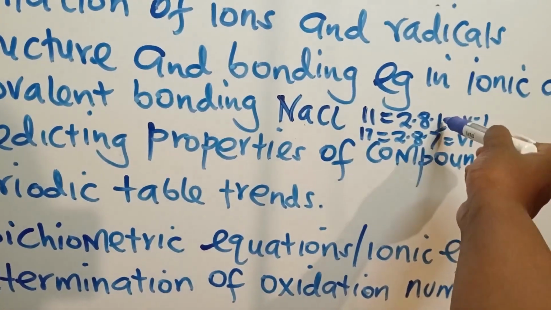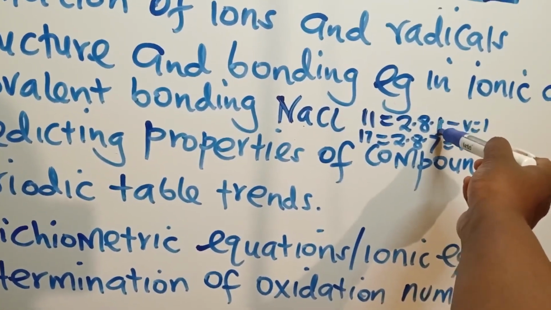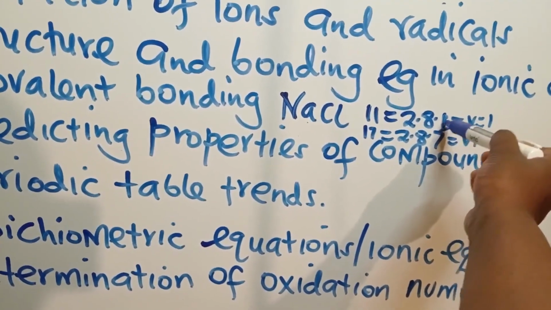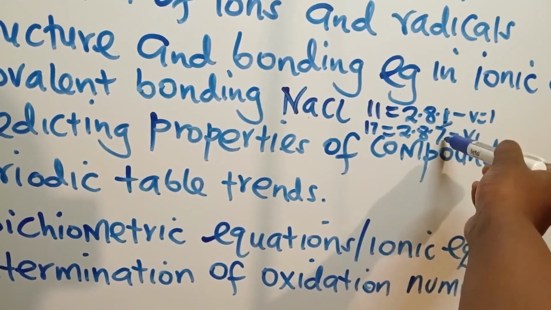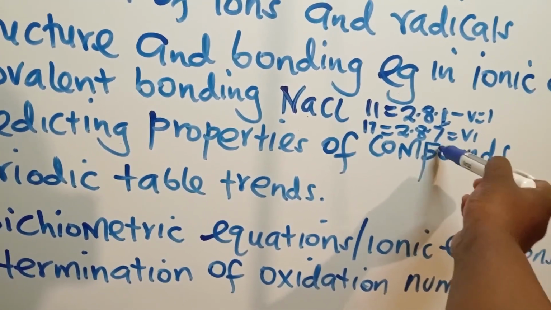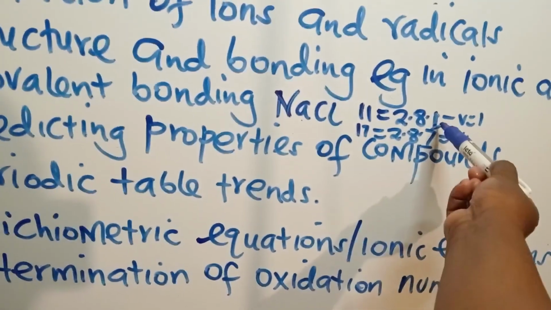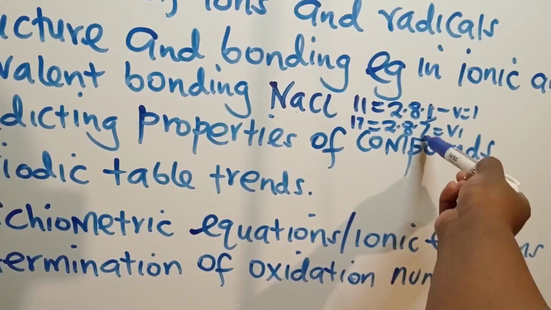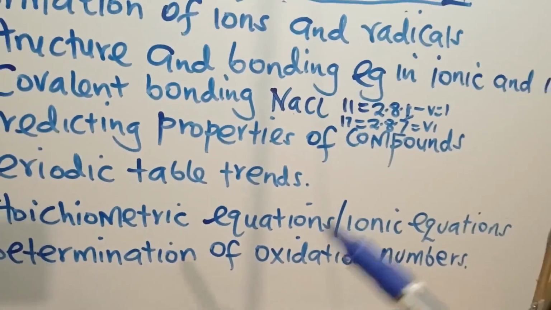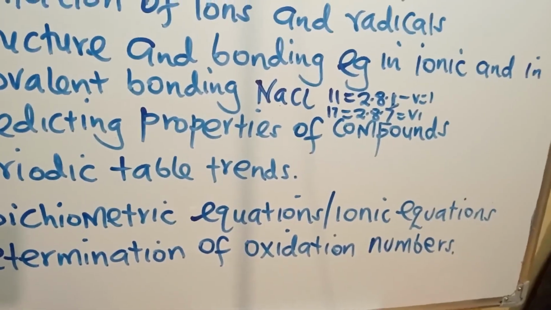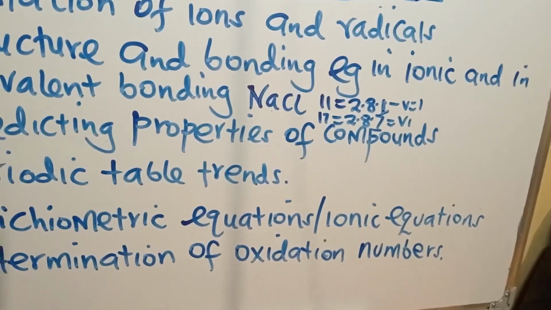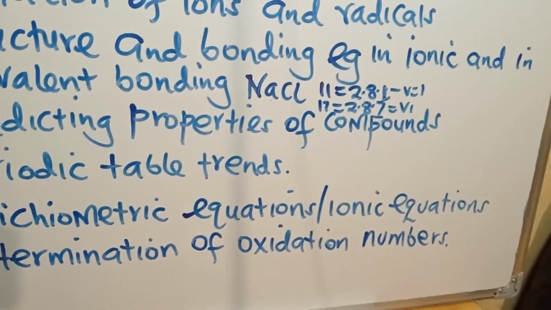So there will be transfer of electrons from the metal to the non-metal, because whatever the metal loses is what will be gained by the non-metal. So that one where we have the transfer of electrons, it is already ionic bonding. So after you have known the valency, you are also able to determine the kind of structure and the kind of bond that will be formed.